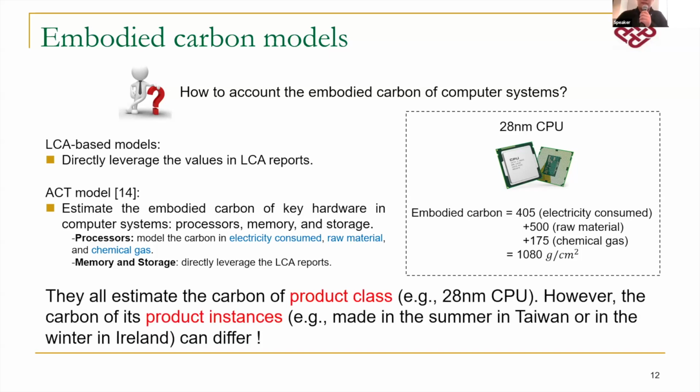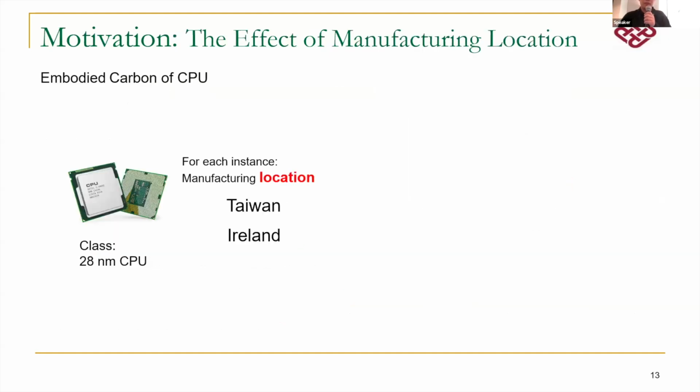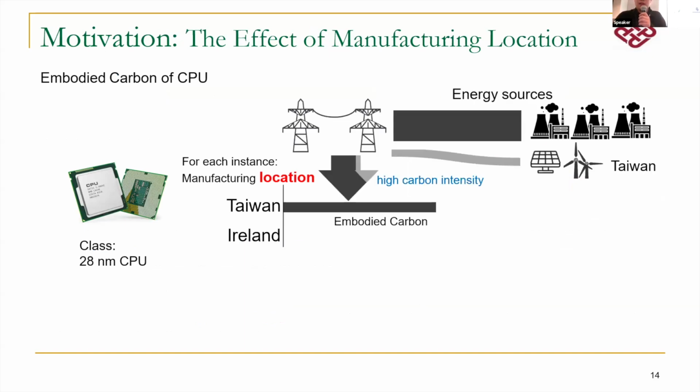We observe that they all estimate the carbon of a product class, such as a 28 nanometer CPU. However, the carbon of its product instance, such as made in summer in Taiwan or in winter in Ireland, can differ. For example, as a class of 28 nanometer CPU, the instance in this class may be manufactured in Taiwan or in Ireland.